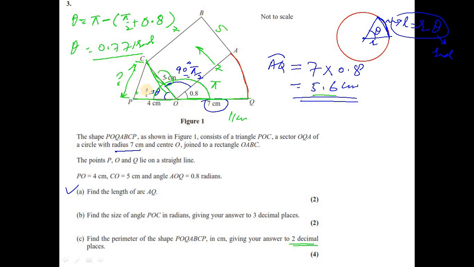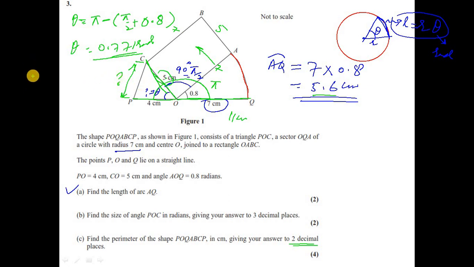And how do we do that? If you see, this is a triangle in which theta we have already found 0.771, and this is 4 and this is 5. Two sides and included angle is given, so we can figure out the opposite side using cosine law or cosine formula.